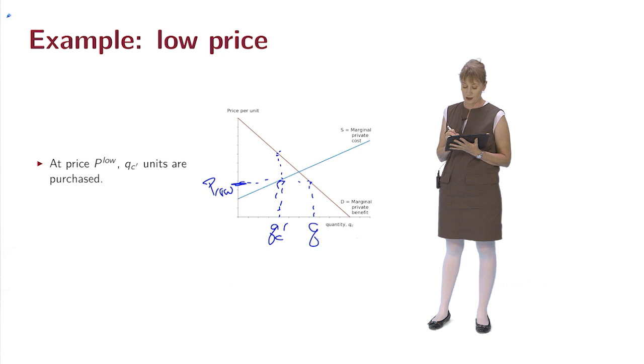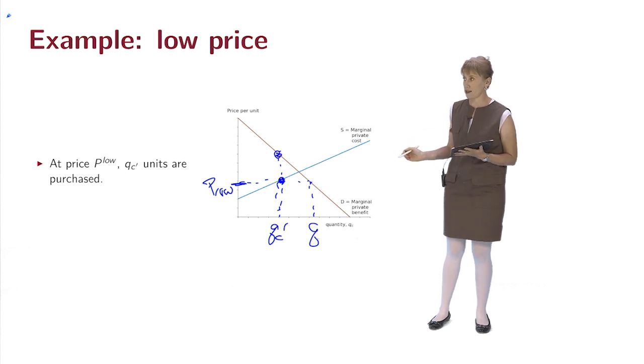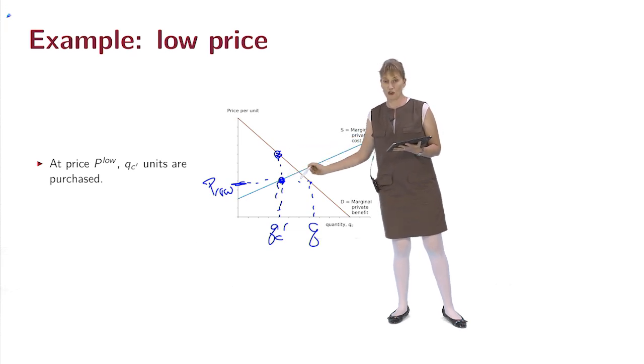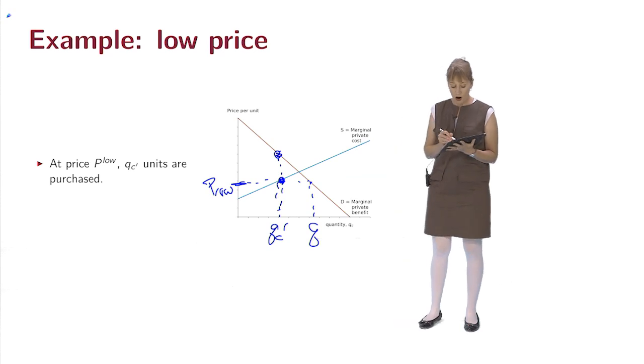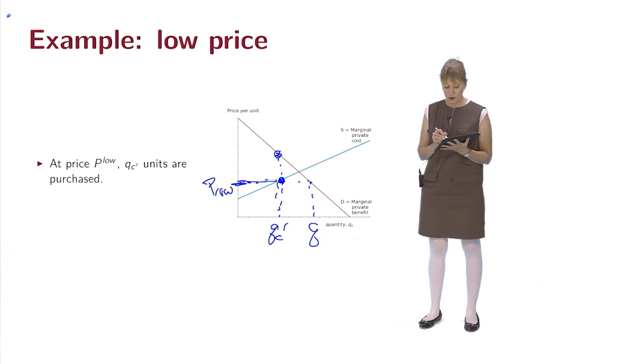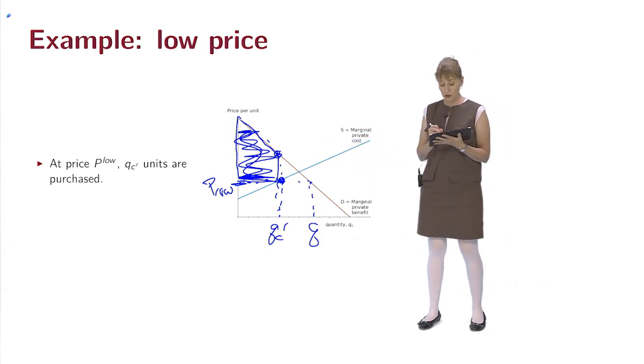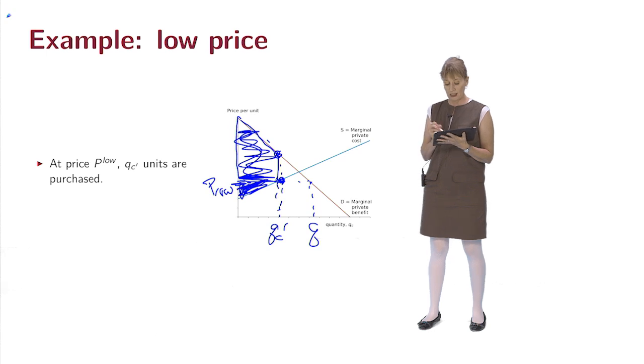We notice here that at the quantity QC prime, marginal private benefit exceeds marginal private cost. Our consumer surplus, the area below the demand curve and above the price, is this area right here. Our consumers may be happier because prices are lower, but our producer surplus is significantly smaller here.